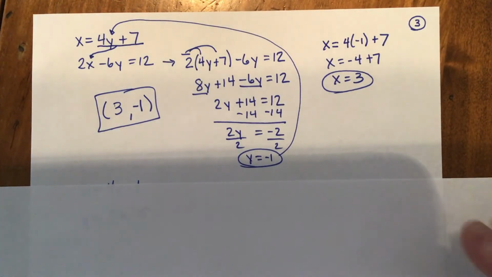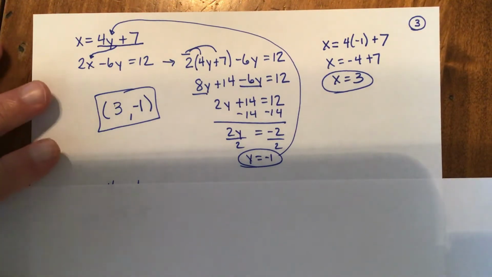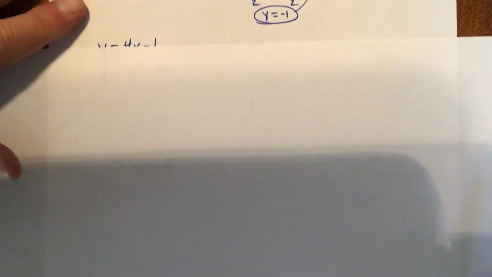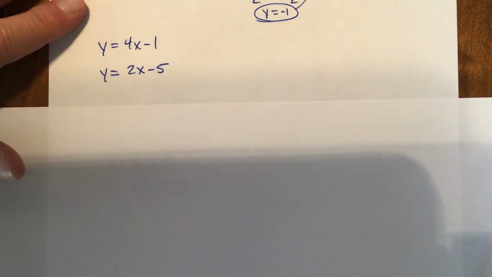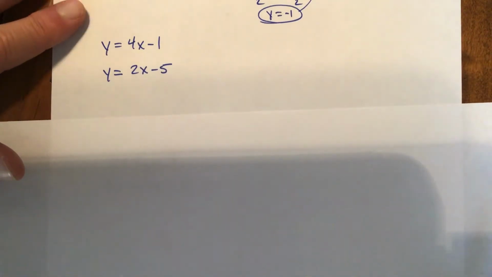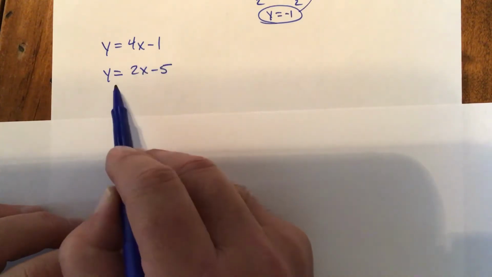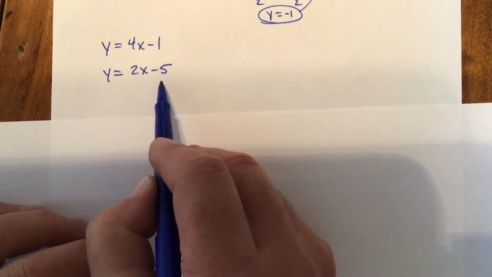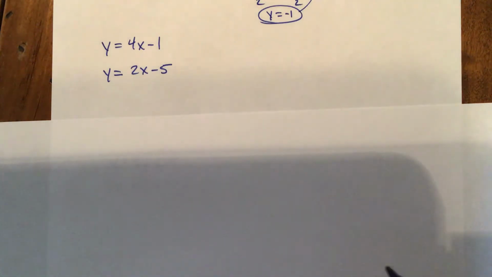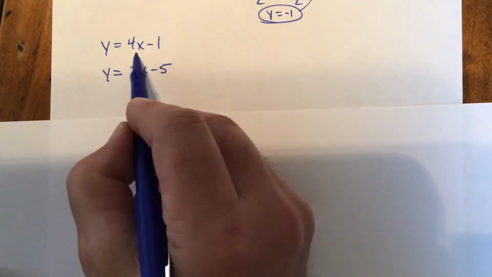Okay? All right, let's look at a third example. A third example looks like this. Well, this looks a little strange because it says that y is equal to 4x minus 1, and this one says y is equal to 2x minus 5. Well, doesn't y equal y? All right, well, that's great. y does equal y.